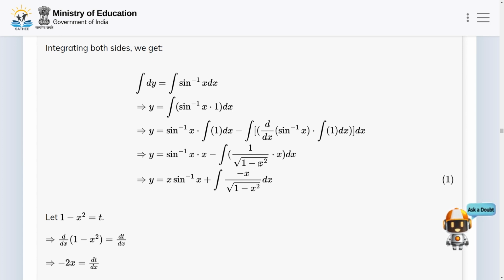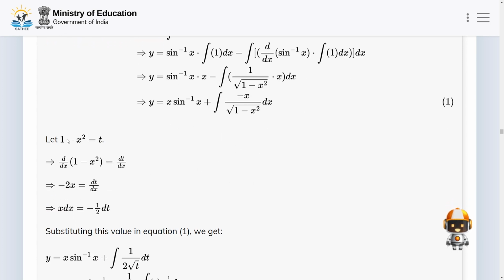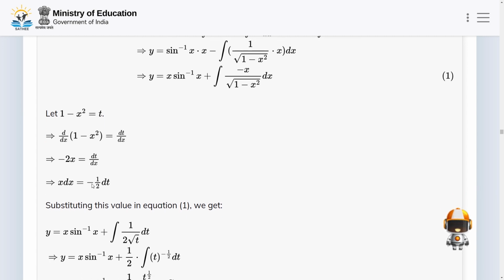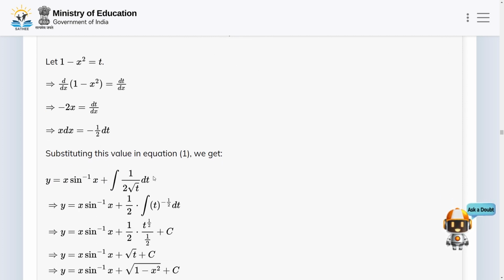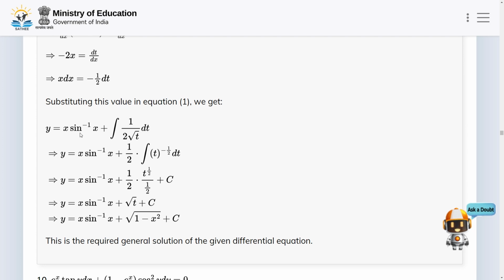substitute, you can substitute 1 minus x square as t. So this means minus 2x dx can be rewritten as dt, or in other words you can say that minus x dx can be rewritten as dt by 2. So we are substituting back. You will get y is equal to x sin inverse x plus integration of dt divided by 2 root t.